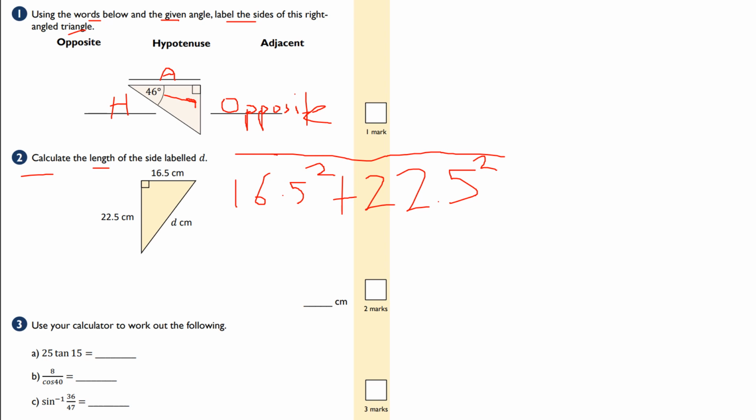And then if we bring that into our calculator, we'll get an answer, and we'll round that answer to 1 dp, for the sake of ease. So let's work it out.